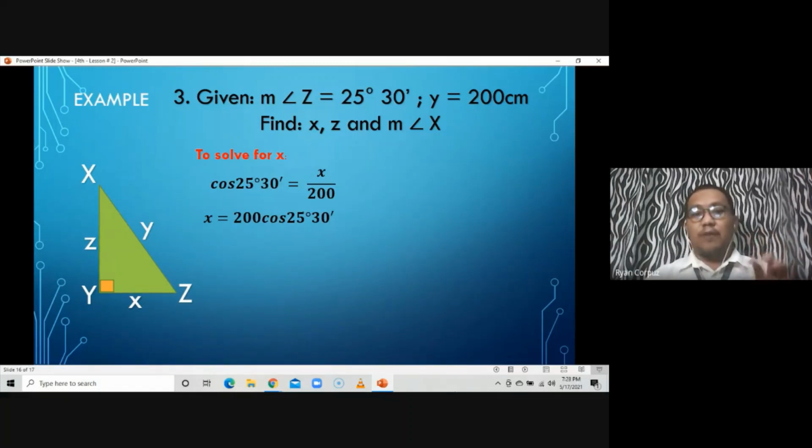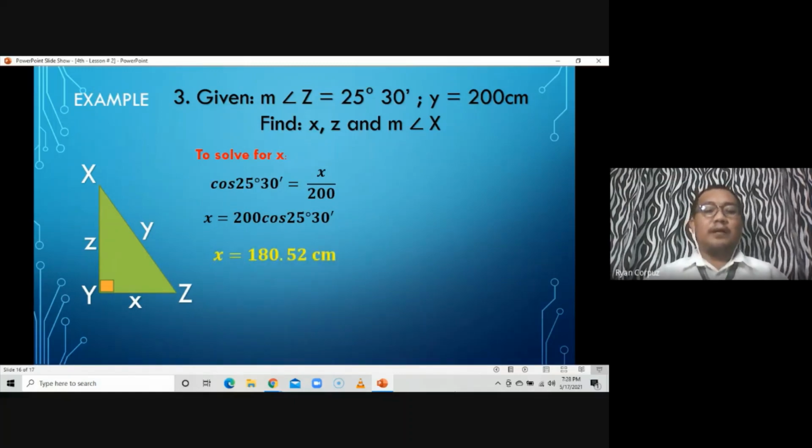Kasi 25 degrees and 30 minutes yun eh. 25, tapos degree, yung symbol again na yon. Then 30, yun ulit yung symbol na yon, for minutes. Then press equal. You'll come up with the value of x, which is equal to 180.52 centimeters. So yun yung magiging value of x.